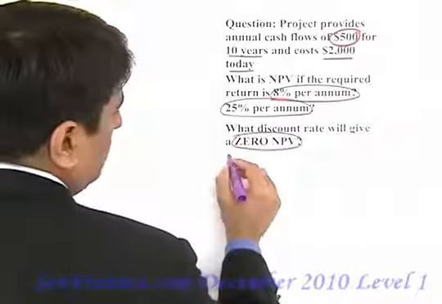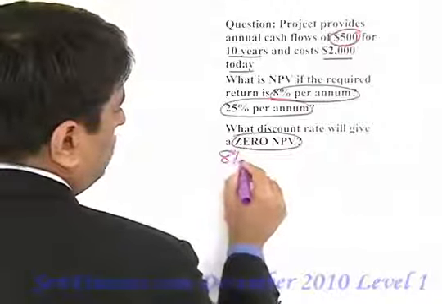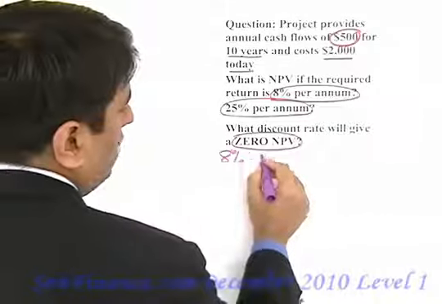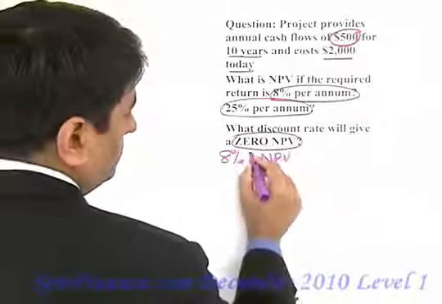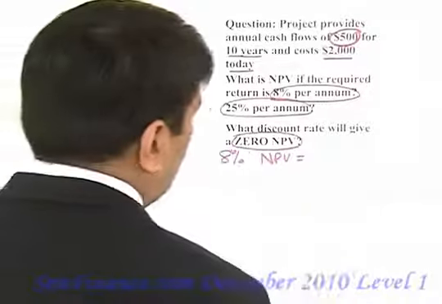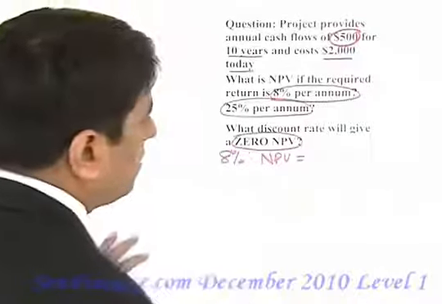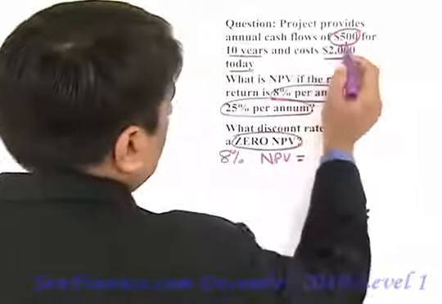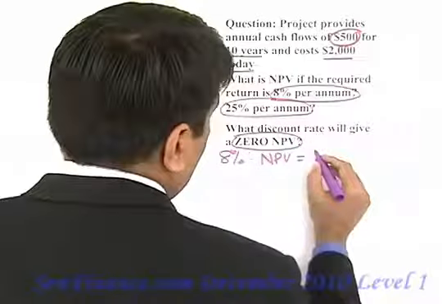So if the rate is 8% required, then your NPV will be the annuity value of the $500 cash flows.